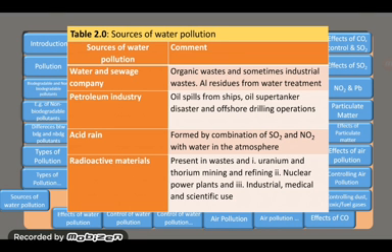All these predispose water to radioactive waste and hence make such water unconducive for use.